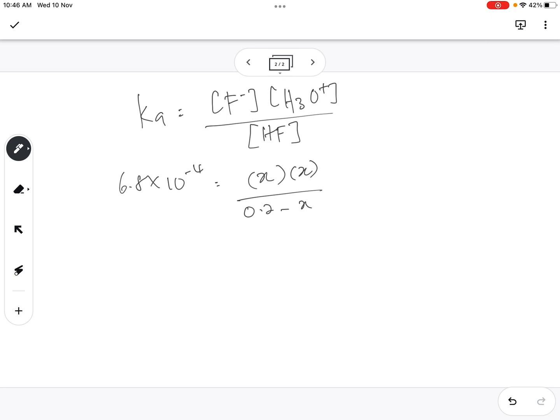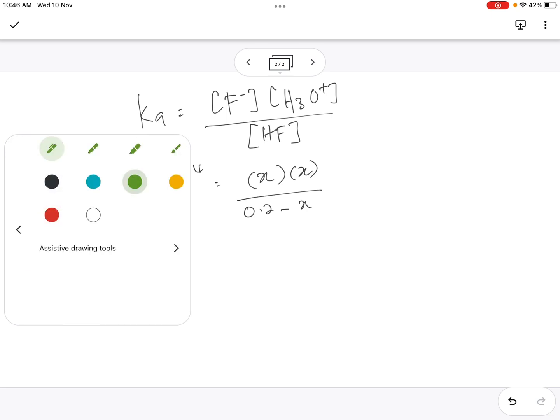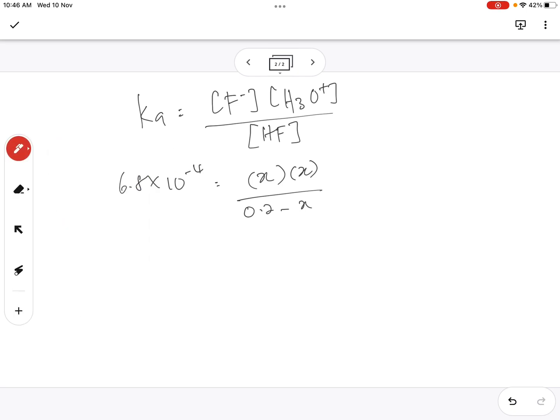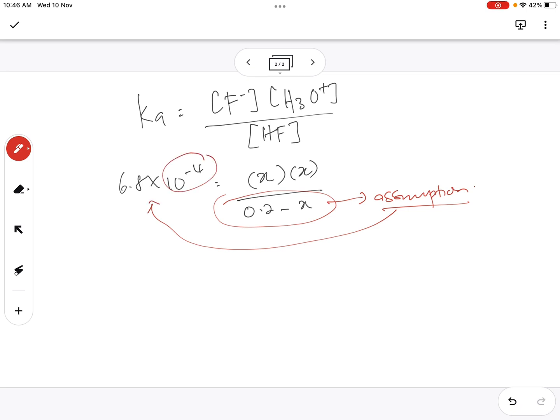This is the area where we want to make the assumption. Why do we want to make the assumption? As I said, the value is less than 10 negative 5. So what assumption will we make? 0.2 minus X is approximately the same as 0.2.